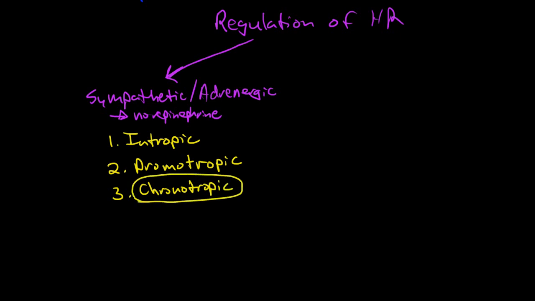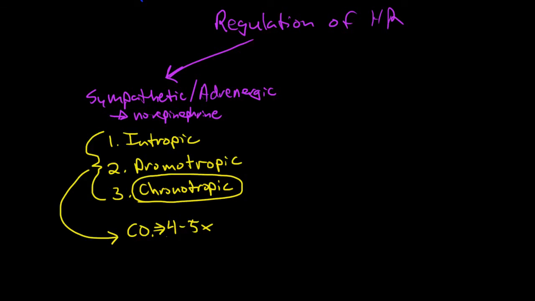So we increase heart rate. Now, these three effects together can increase cardiac output by 4 to 5 times, so a factor of 4 to 5, especially when they are coupled with arteriolar responses.